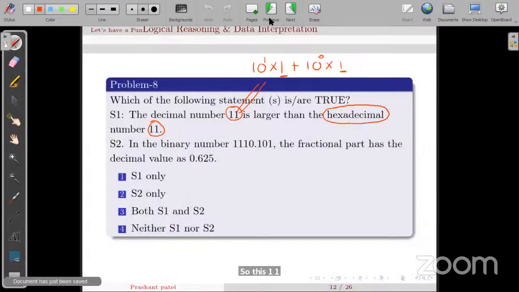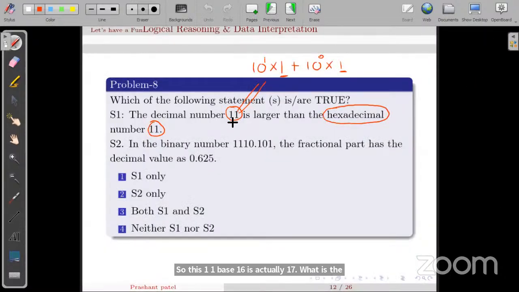What is the statement given to you? The decimal number 11 is larger than the hexadecimal number 11. The question is which statement is true, and that you need to calculate. Is it a true statement or a false statement?